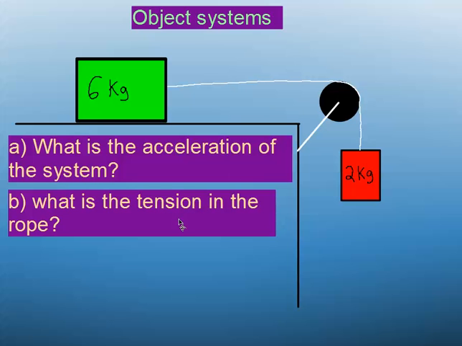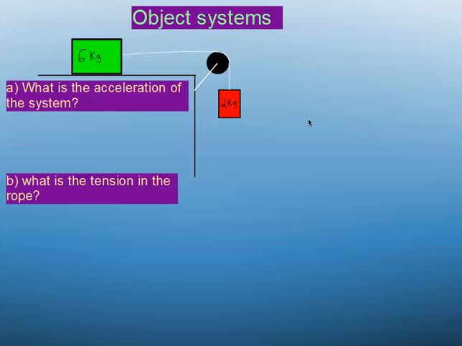This is actually not nearly as hard as the block on a ramp because we have a really powerful trick here. Now, before we begin, it's always a good idea to just look at it and sometimes use your common sense, as you probably knew what would happen before you even started taking physics, which is just that the red one's going to pull the green one down. But what's very interesting to note is that they're going to go down together.